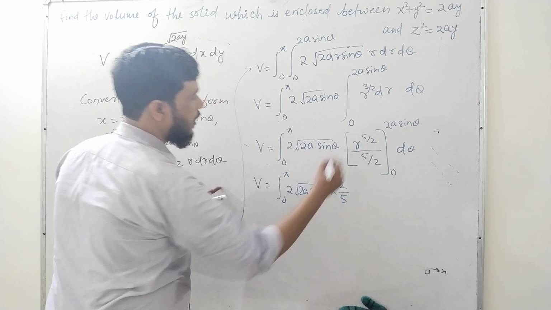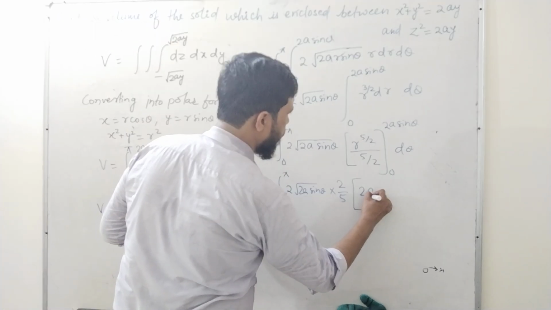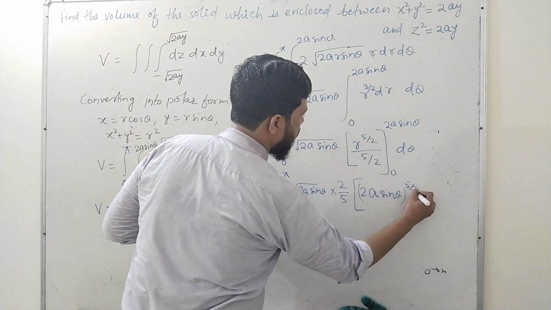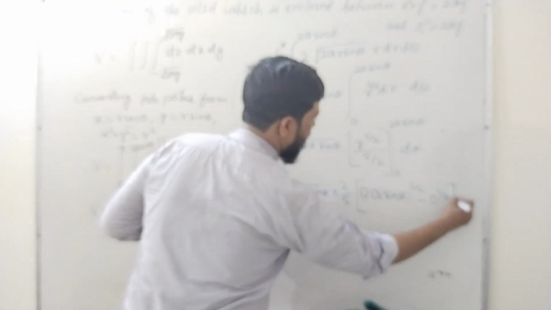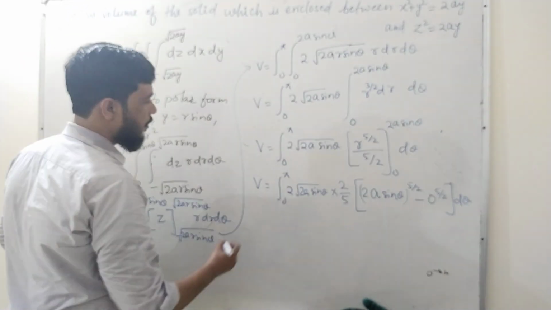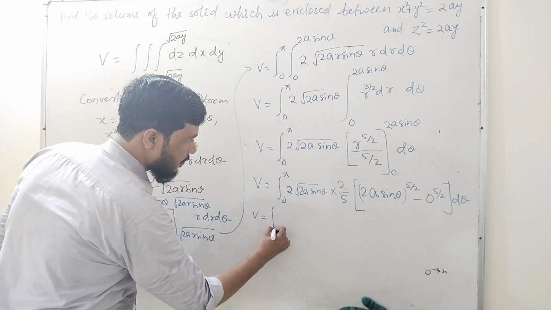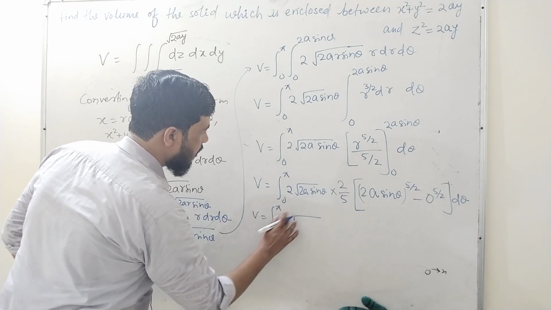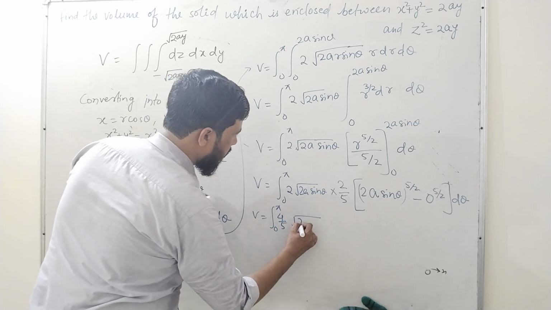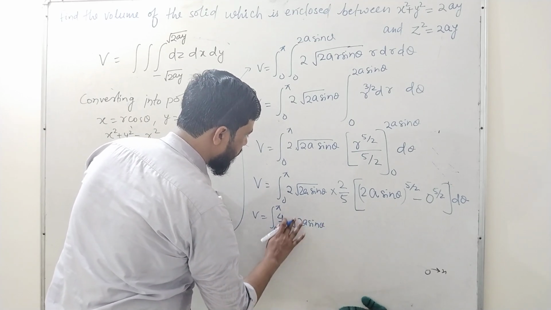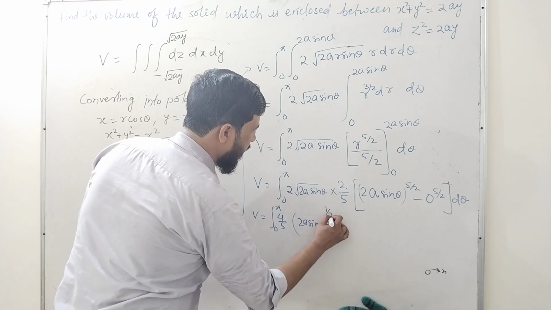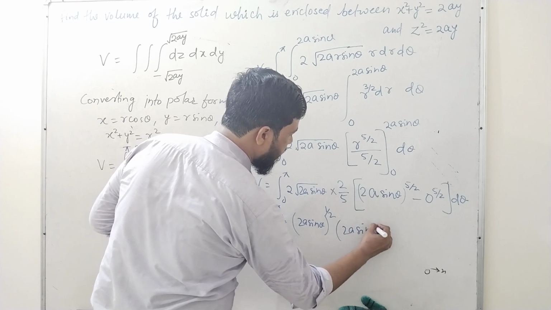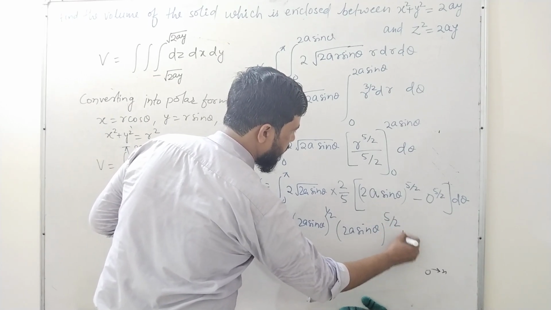Upper limit minus lower limit: (2a sin θ)^(5/2) minus 0, dθ. Two times 2 is 4, so 4/5 times √(2a sin θ), and the square root is nothing but power half, times (2a sin θ)^(5/2) dθ.